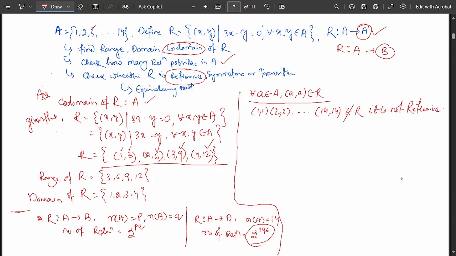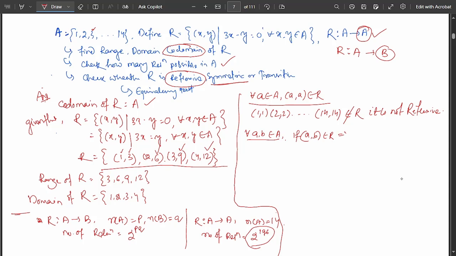Similarly, what does the symmetric property state? The symmetric property states that for all a, b belongs to A, if (a, b) belongs to R implies (b, a) also belongs to R, then we say the relation is symmetric.